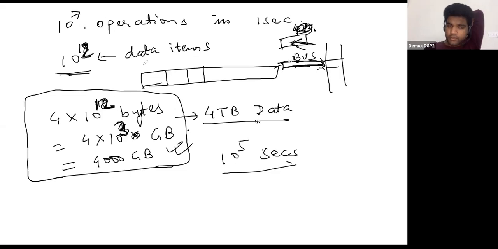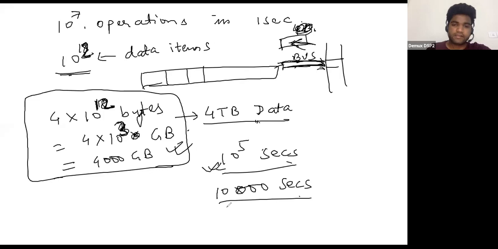Okay, so 10 to the power 12 data items, if I have taken, how much time will I take? Ten to the power 5 seconds. And how much is this? Can somebody tell me? 10,000 seconds. This is roughly 27 hours. Correct?